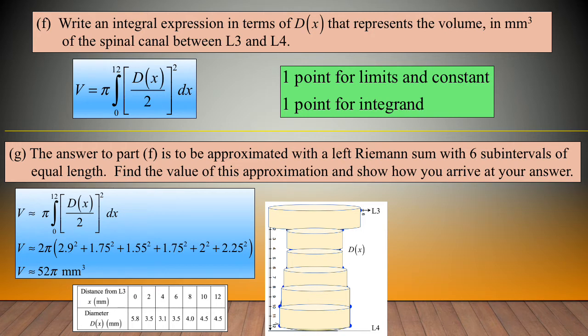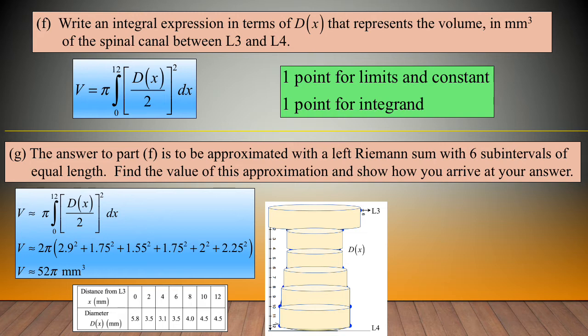The volume of a cylinder is pi r squared h. We know the radius, and we know that since there are 6 subintervals, each subinterval has height 2. So V can be represented as 2 pi times the sum of each radius squared.